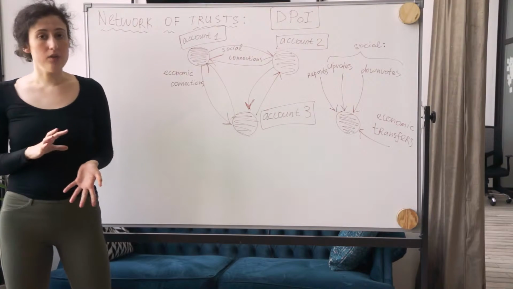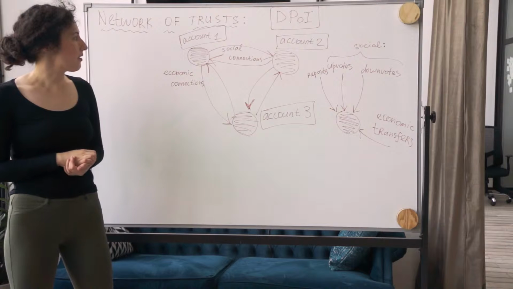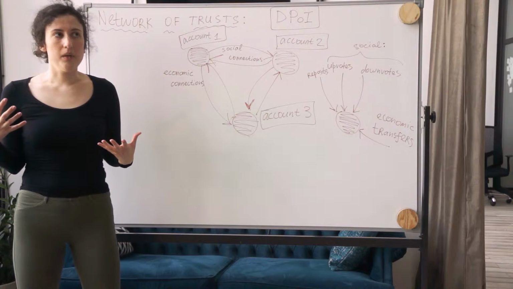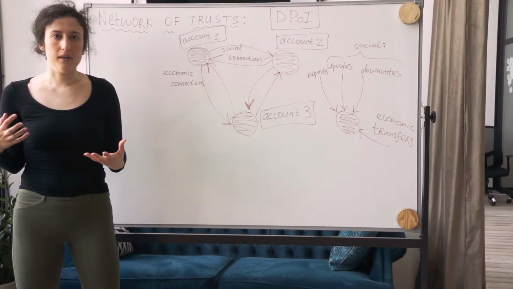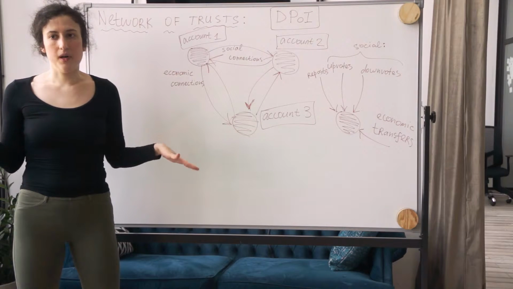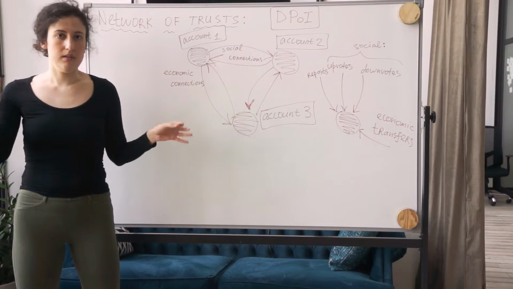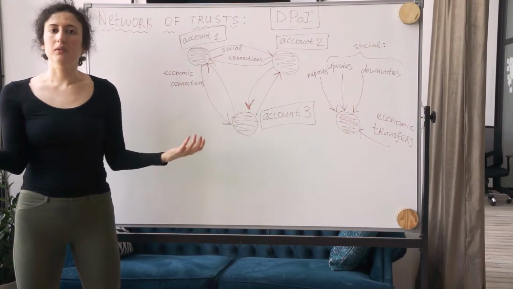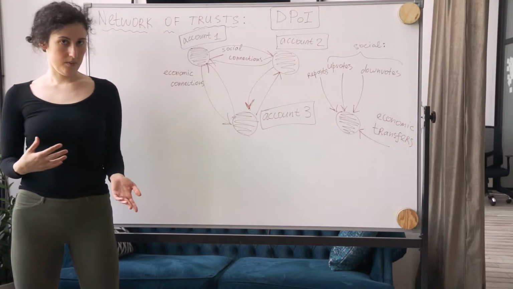Just to remind you real quick, you can think about any digital or social digital network as a web of entities, individuals, organizations, whatever, we call them accounts, and some relationships between those accounts.